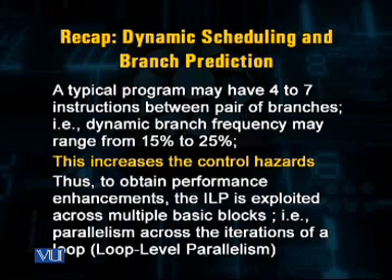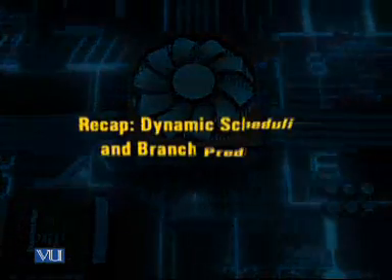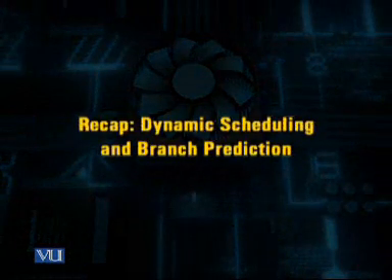We know that there are two largely separable approaches to deal with instruction level parallelism and to overcome the data as well as the control hazards, so that the number of stalls is reduced to enhance the overall performance. For this purpose, we said that there are two distinct techniques.